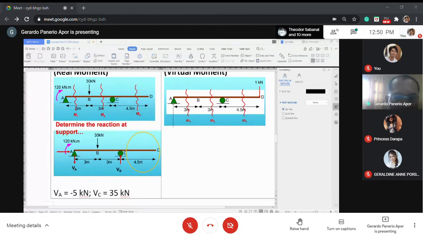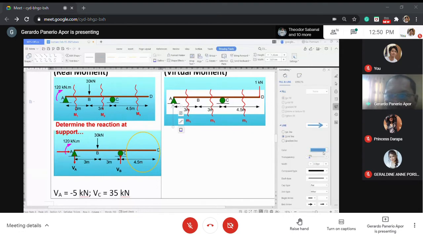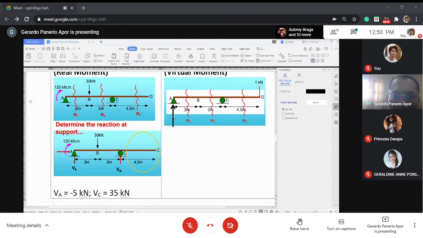The reaction, you can call that VE. Let's change the color, and the size, then copy that.